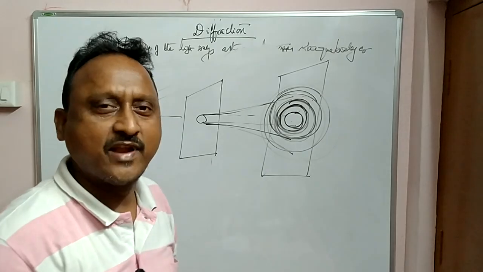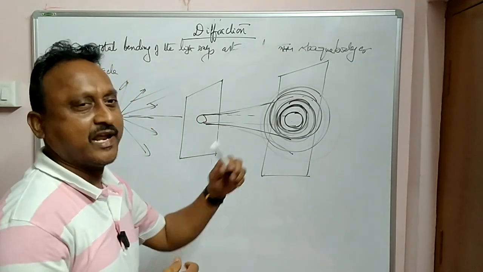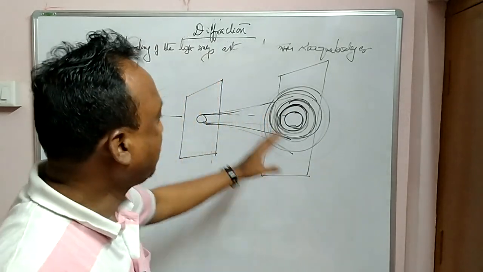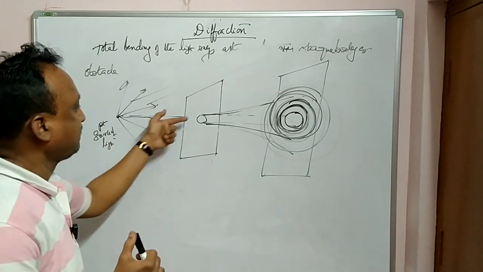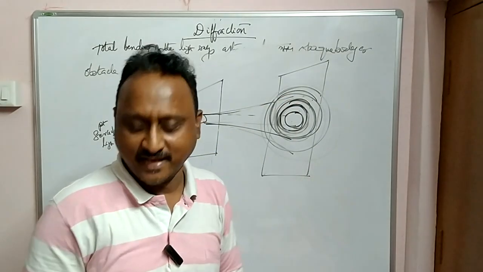So like this, diffraction patterns are formed from this experiment. This is a simple cardboard experiment you can perform at home or in a laboratory. Take 2 cardboards, make a small hole in one, use a point source of light like a torchlight, focus it, and you can observe these patterns. So this is another experiment.